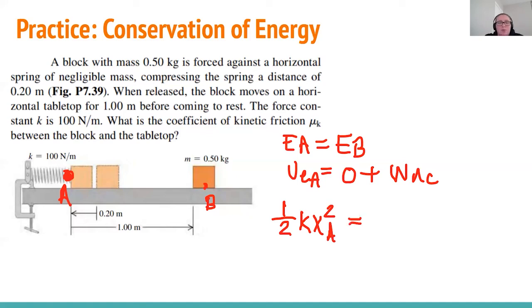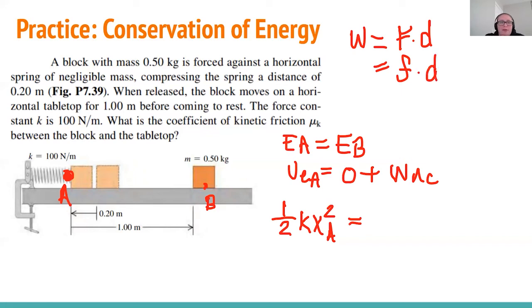And what is our equation for work? Work is equal to force times distance. In this case, we've said that the force is friction, so that should be friction times distance.